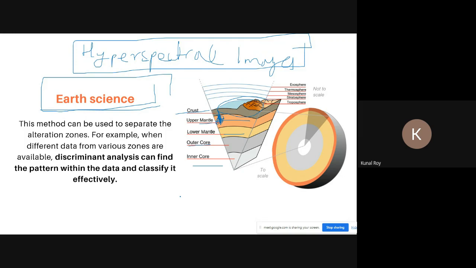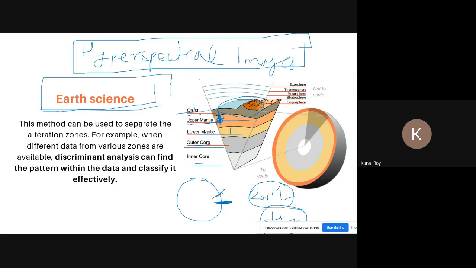They are identifying patterns, like the exact temperature at that particular location, the exact distance of the mantle, and the exact distance of the lower mantle. So the crust, mantle, lower mantle, outer core, and inner core act like independent variables, and the earthquakes and floods are the predictions, for example that a flood will take place in this area because the sea level is rising. That also comes under the category of discriminant analysis.